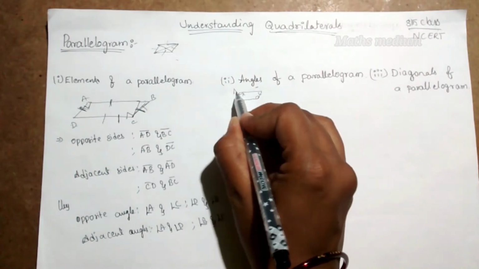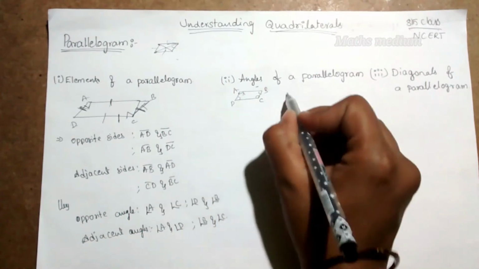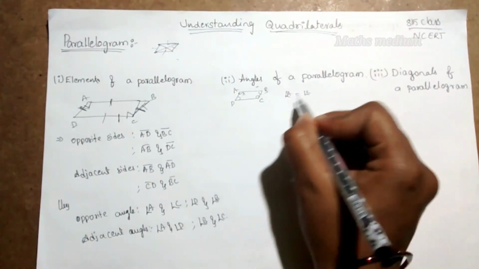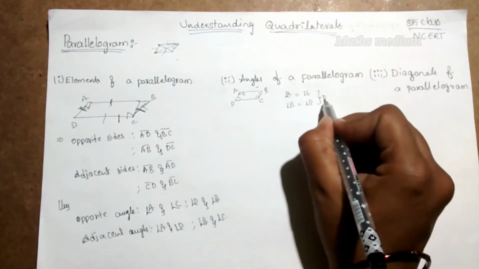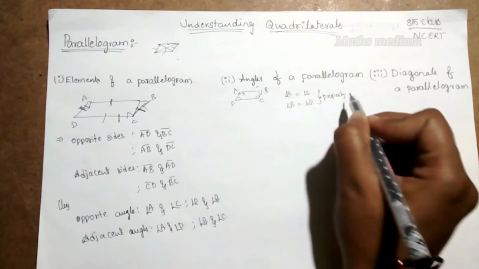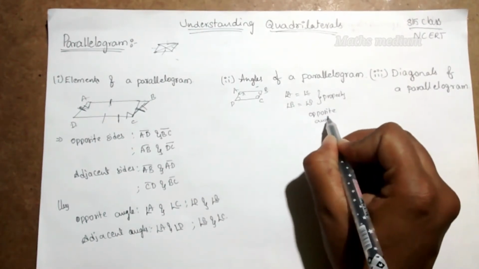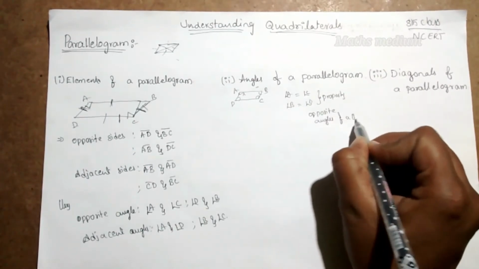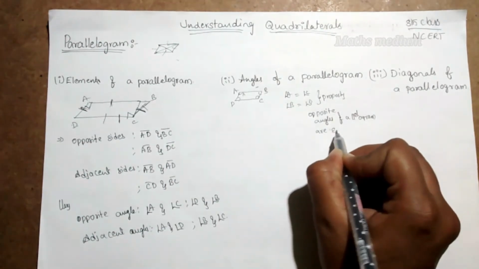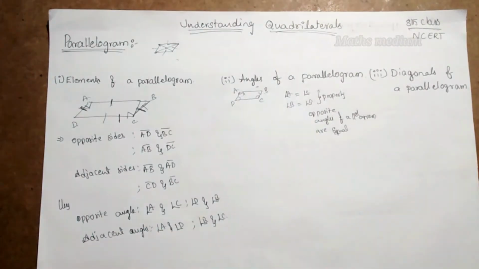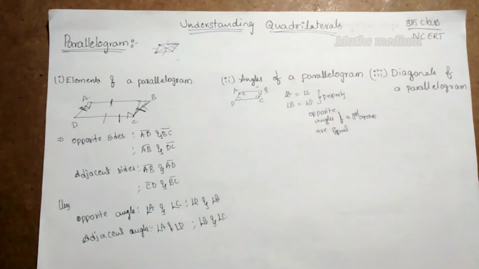Let it be A, B, C, D. So here angle A is equal to angle C and angle B is equal to angle D. So this is the property, that is, opposite angles of a parallelogram are equal. I am now going to show you a proof for this.